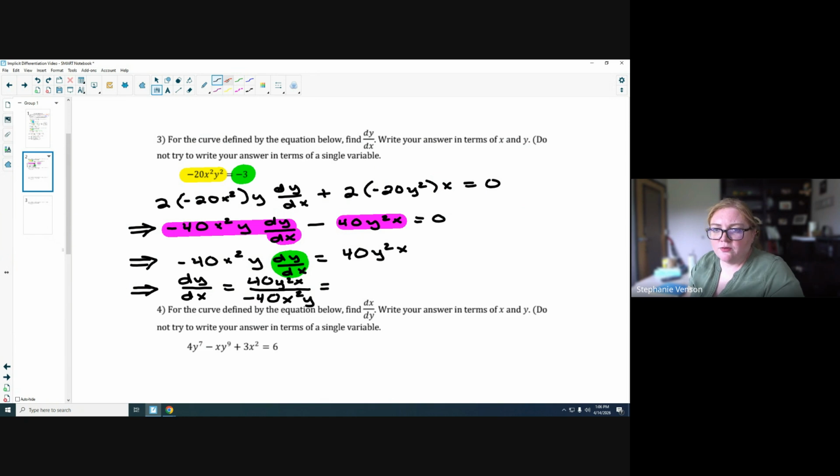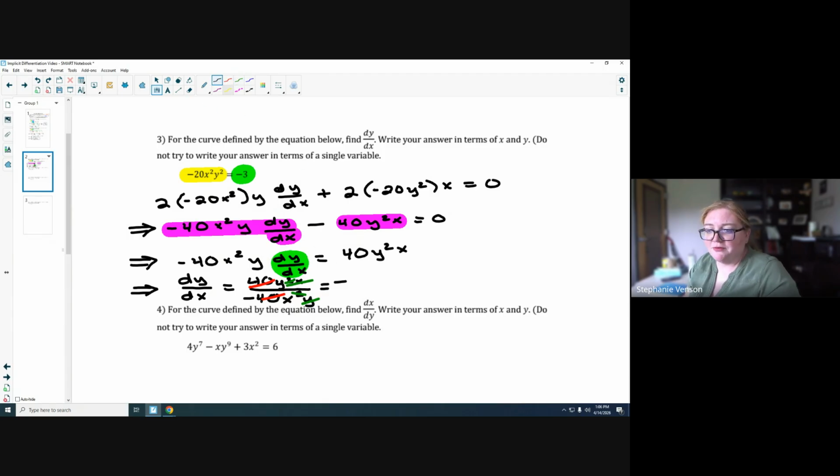So obviously the 40s cancel, but I do still have that negative. So I'll put the negative out to the front. Okay. And then I have 2 y's in the top and 1 y in the bottom. So one of the y's in the top cancels with the y in the bottom. And I have 2 x's in the bottom and 1 x on the top. So one of the x's in the bottom cancels with the x on the top.